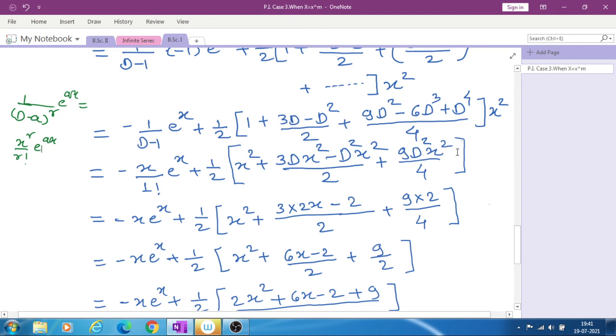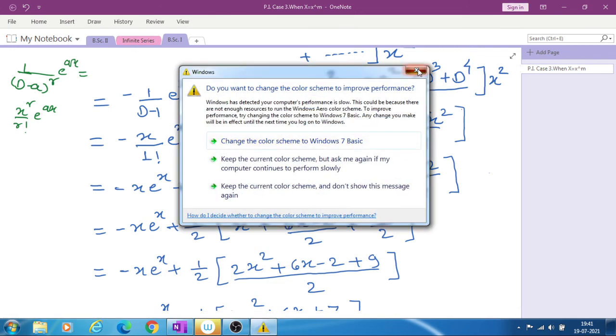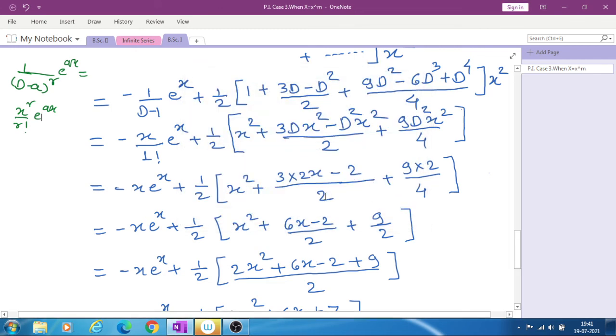These two terms we need not take. Now we have to write the value of d square and d here.